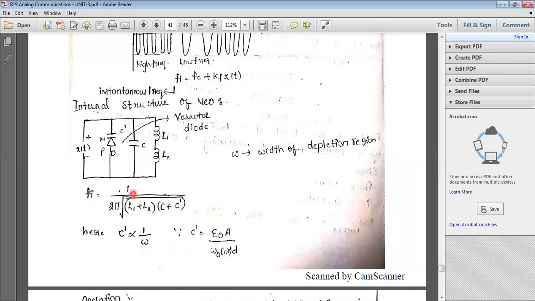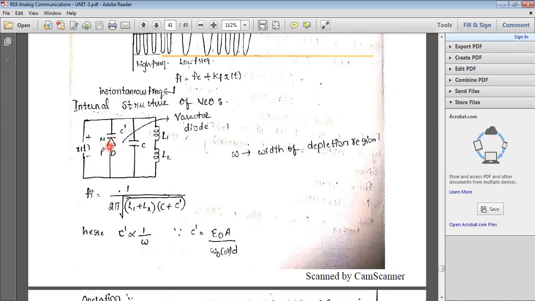When the width of the plates is changed, it changes in accordance with the applied input voltage. If the diode becomes forward bias, then the width becomes less. Already you know, in a PN junction diode operation, whenever the diode becomes forward bias, the width of the junction becomes less.